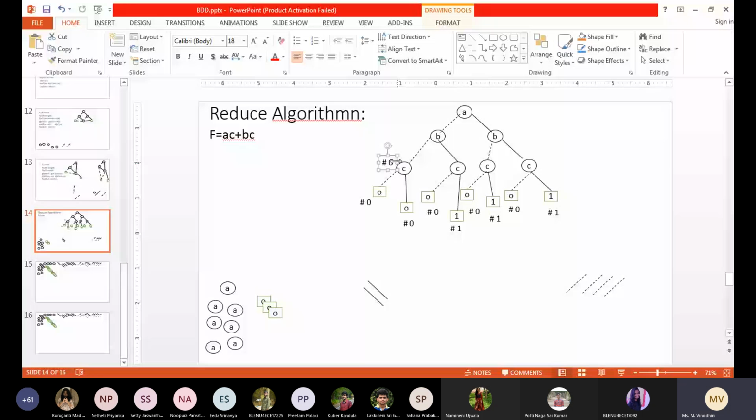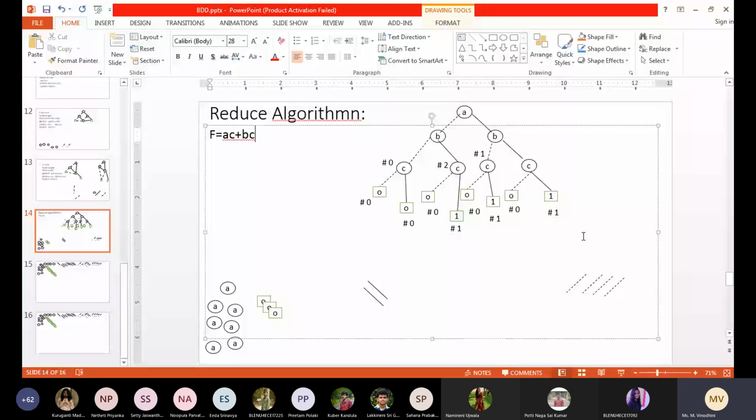Now coming to the next C, one leaf node has 0 and the other has 1. In that case you take the maximum value, 1, plus 1, which is 2. Next to C, it has 0 and 1. The maximum value is 1, 1 plus 1. Always the maximum value plus 1.